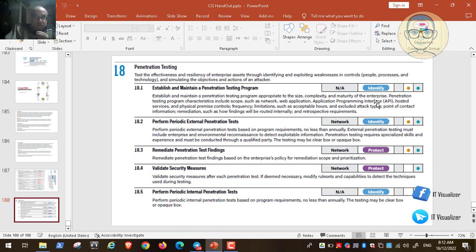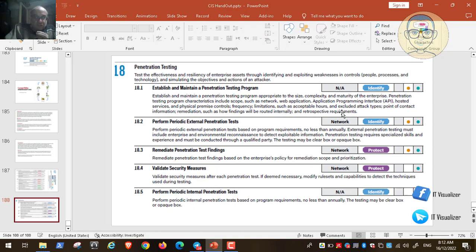Point of contact information: who is responsible for doing this penetration testing, how to communicate with him, and what information he needs. Maybe he needs some information, and who will provide it? Remediation: how the remediation of the vulnerabilities will be done through the penetration testing program, such as how findings will be routed internally, and response requirements.